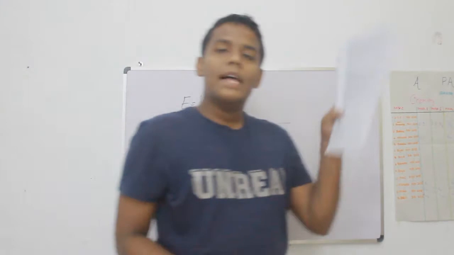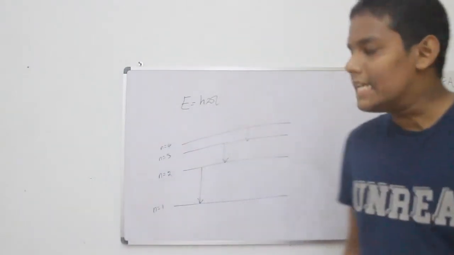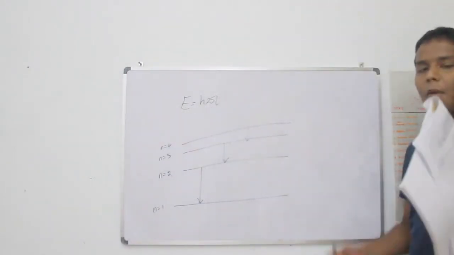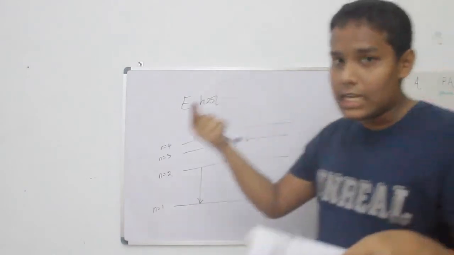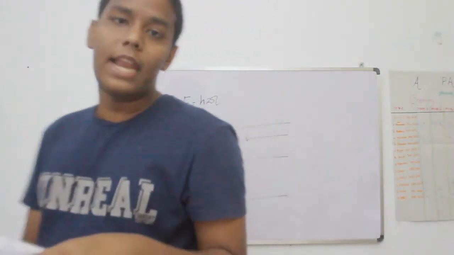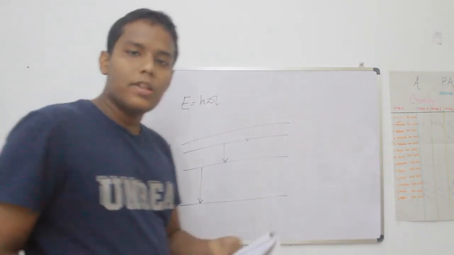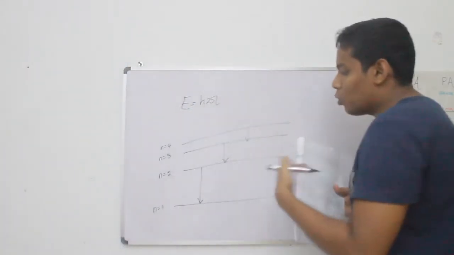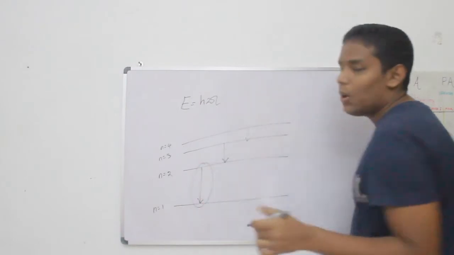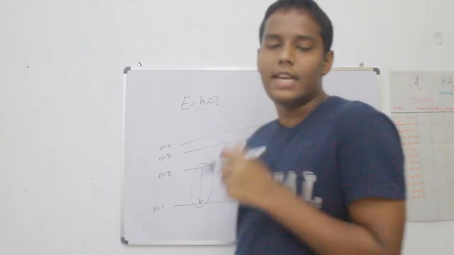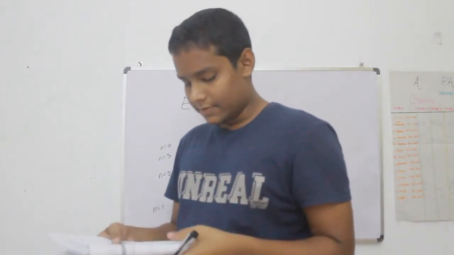So therefore, the greatest energy that is released when an electron jumps from an energy level of higher energy onto an energy level of low energy will be the transition between n equal 2 and n equal 1. So the transition between n equal 2 and n equal 1 will be the one that carries the highest amount of energy. Okay, so the first one is wrong.